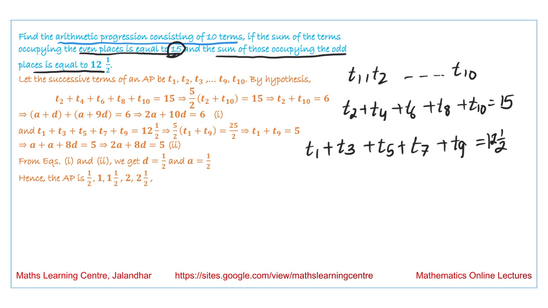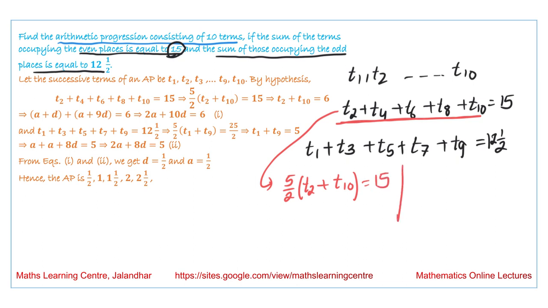Now if we look at this sum, this is also an AP, and its sum is given by 5 by 2 into (T2 plus T10), and the answer is equal to 15. And the second AP we are talking about, its sum is 5 by 2 into (T1 plus T9), that is equal to 25 by 2.